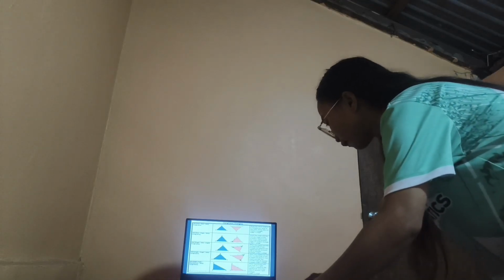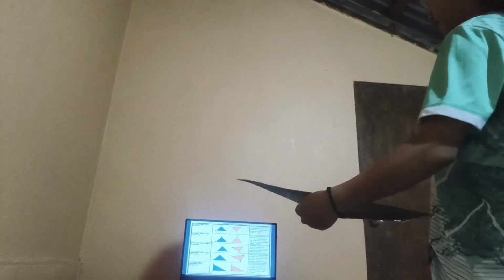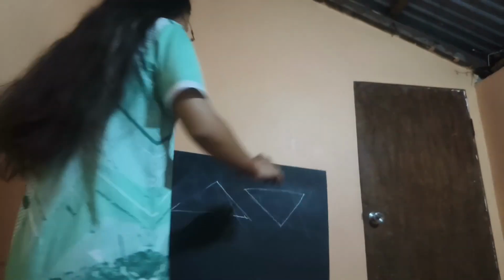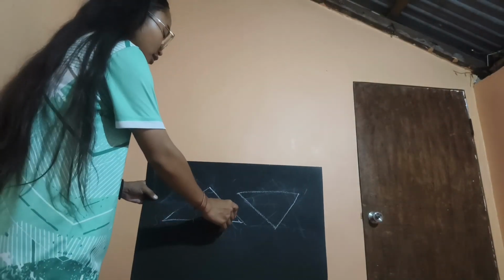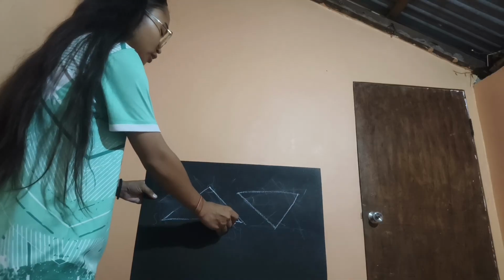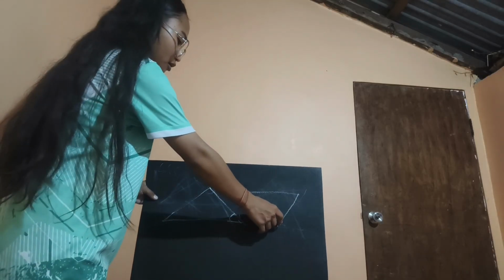Okay, this is the example. Again, this is angle A, angle B, and angle C, angle P, Q, and R. So in this situation, this is the angle C. Angle C is congruent to angle R.